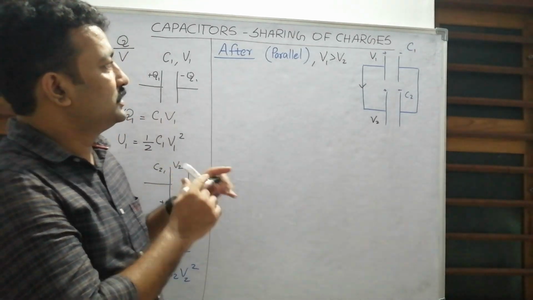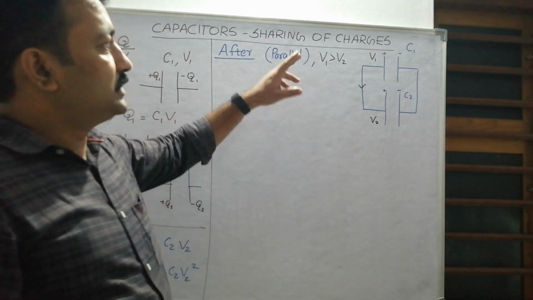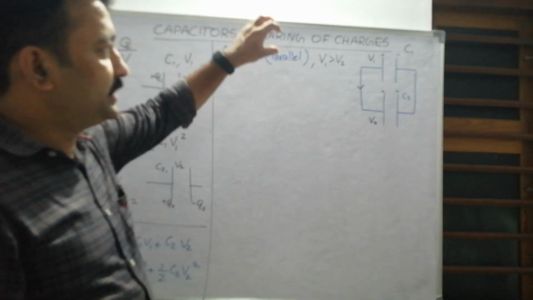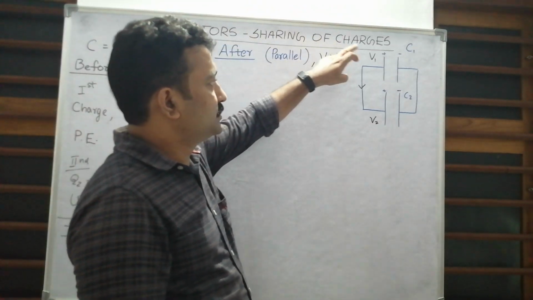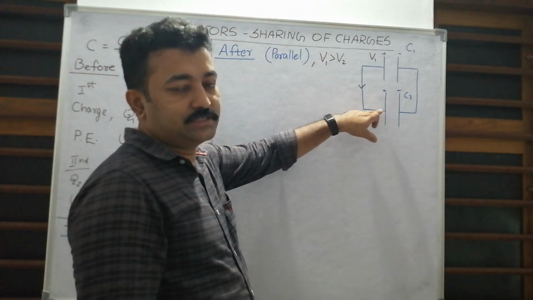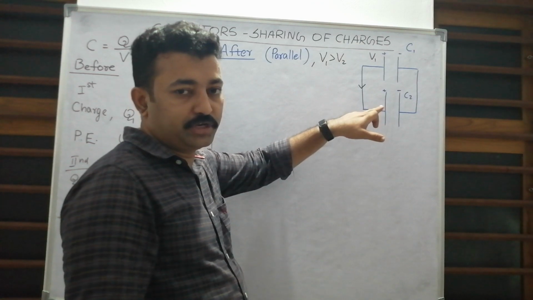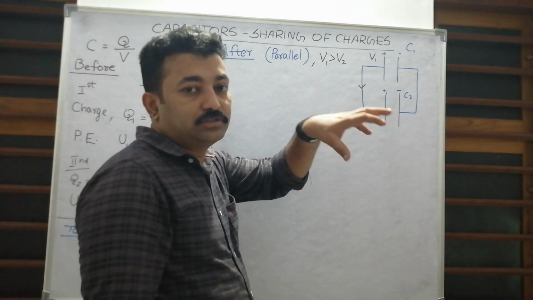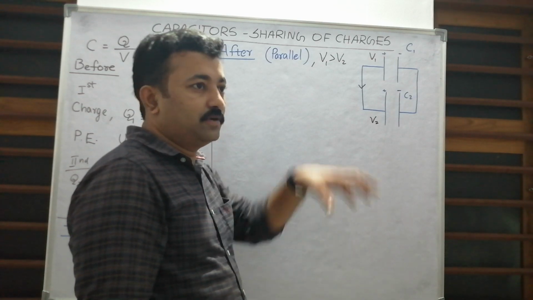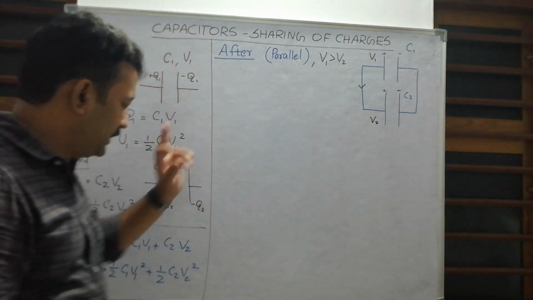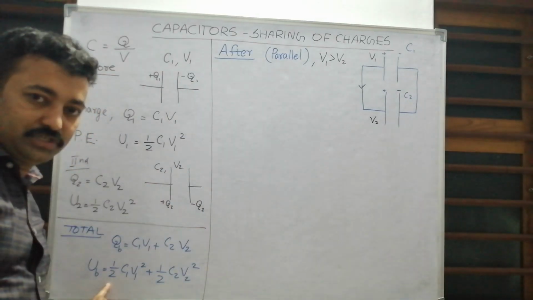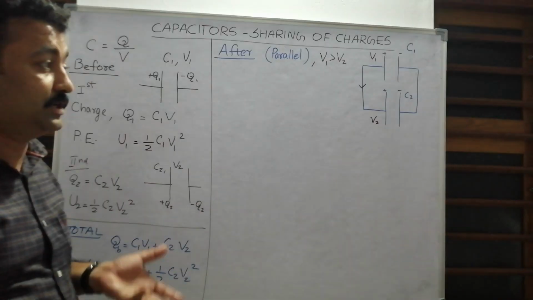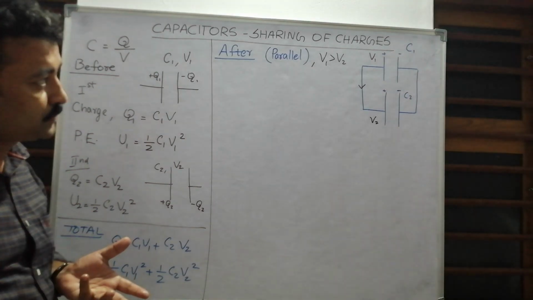The two capacitors charged to different potentials are connected by means of wires, and since there is a potential difference, there is a flow of electric charges from the higher potential to the lower potential, and that can lead to loss of energy. That means the final potential energy will be less than the initial potential energy. That is what we are expecting. We will see whether it is true or false.